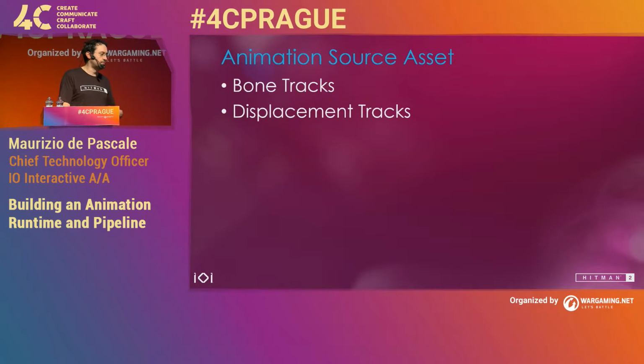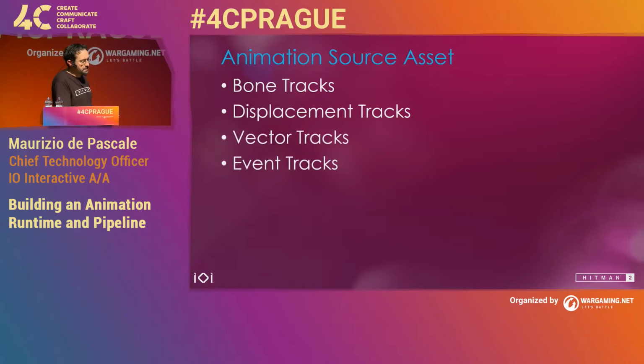We use this to store the trajectories, right? Like your ground bone and things that will basically move also in the world and not just be constrained to the animation itself.